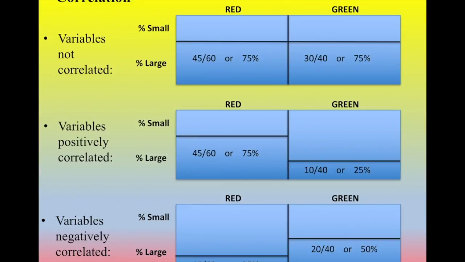Since I pulled a red marble, as I just told you, you will know there's a 75% chance that it's a large marble. But if I had pulled a green marble, it would also have been a 75% chance. Regardless of color, it's a 75% chance. So telling you the color makes no difference either way. In other words, telling you the color of the marble in no way affects the chance that it is large. It does not change the probability that you would assign to its being large. And this is exactly what we mean by zero correlation.